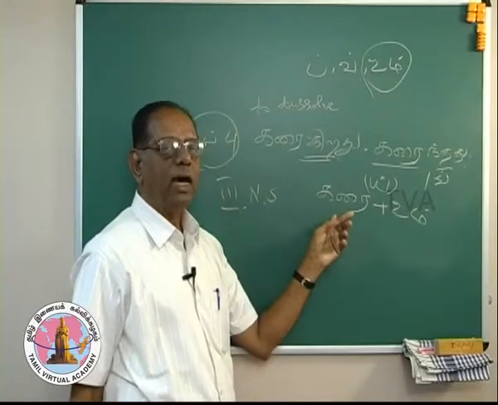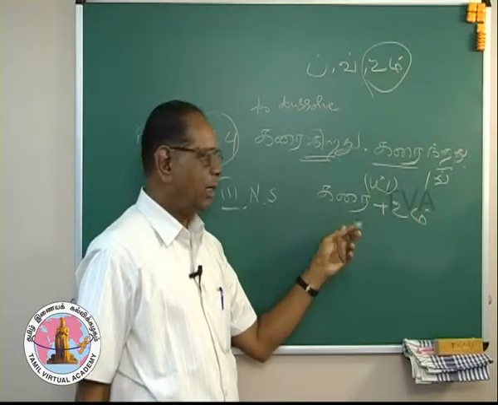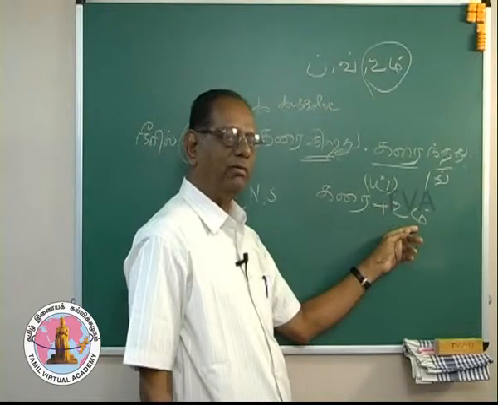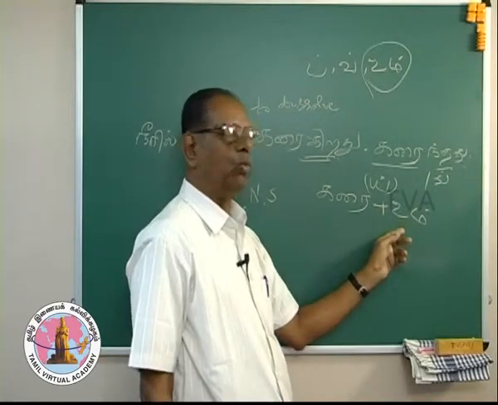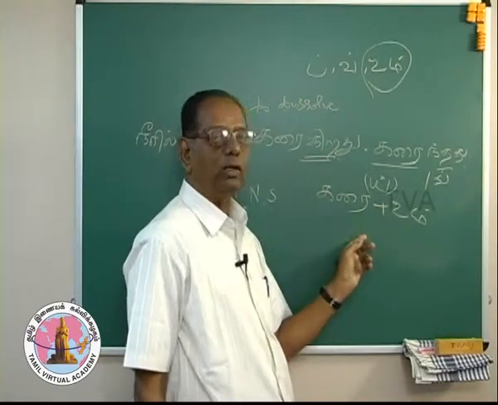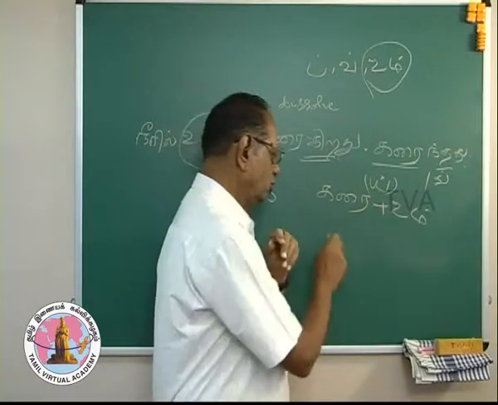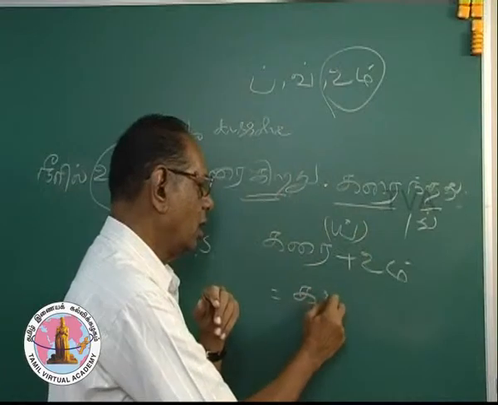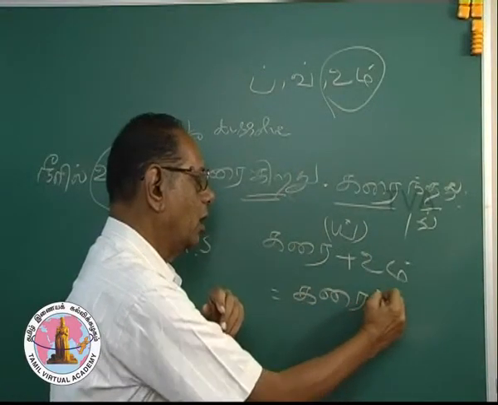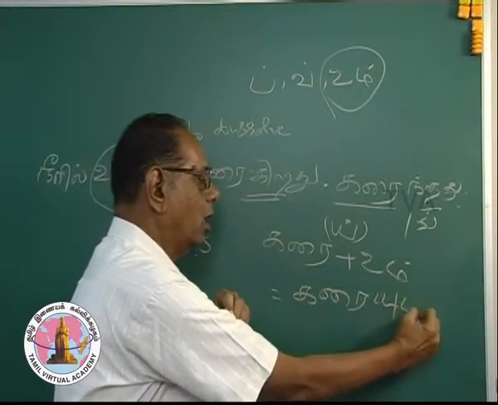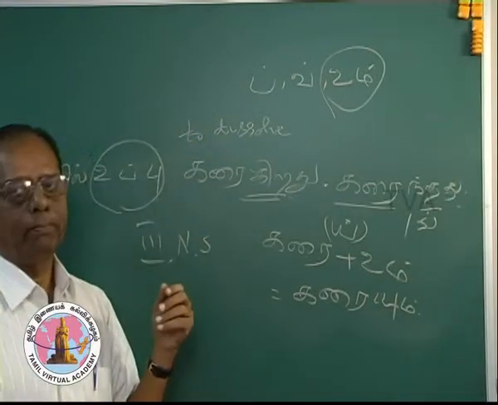This ends with I, a vowel, and the first letter of the oncoming word is a vowel U. So between two vowels you have to have a semi-vowel. So this becomes Karayum.